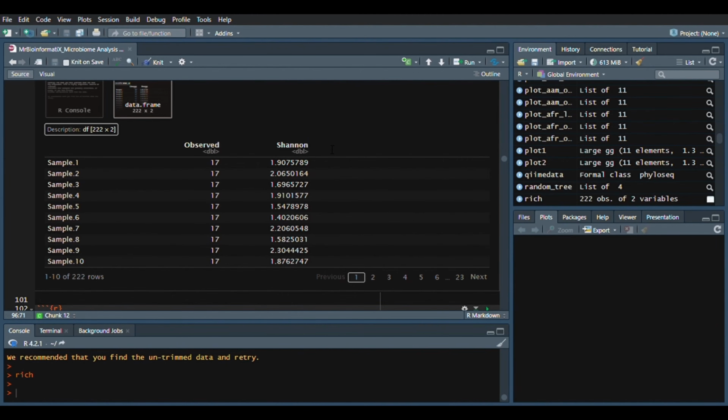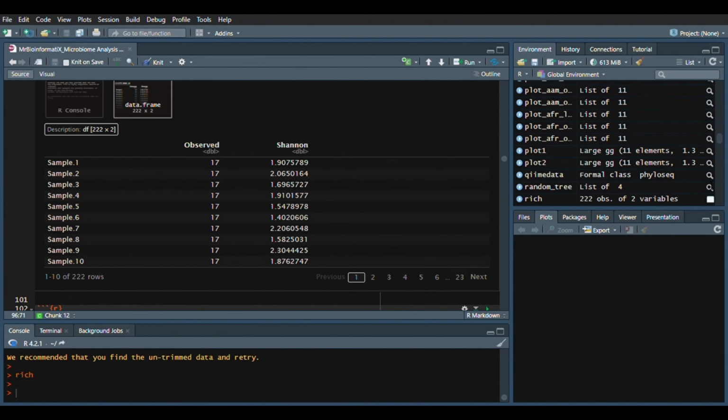As you can see, the Shannon diversity values range from about 1.40 to 2.30. For example, sample 9 is considered to have the highest Shannon value, which means it has more variety in its bacteria. On the flip side, sample 6 has the lowest value at 1.40, indicating that it might be dominated by just a few types of bacteria.